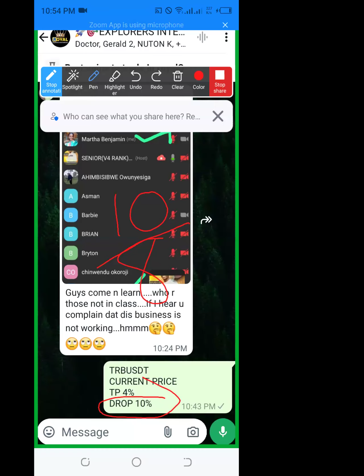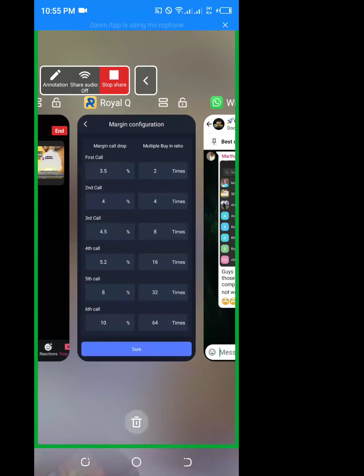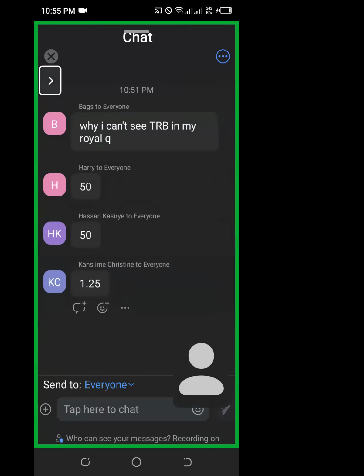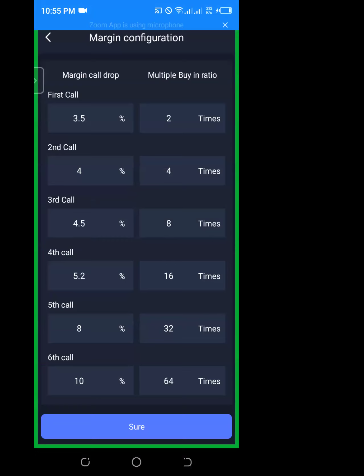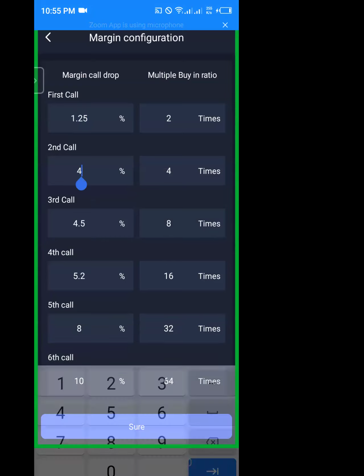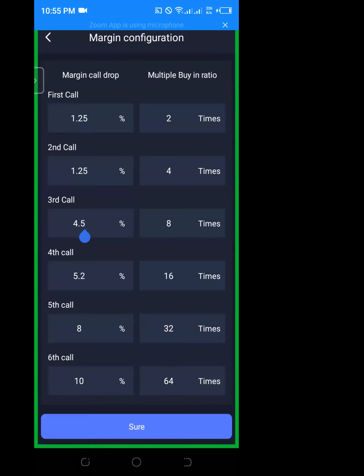What do you get? Give me the answer. You get 1.25. Now the answer you get, come back here and put it here. 1.25. Simple mathematics, okay?